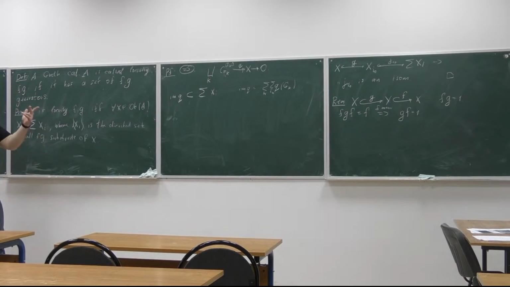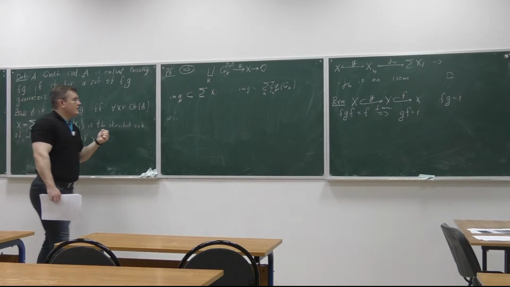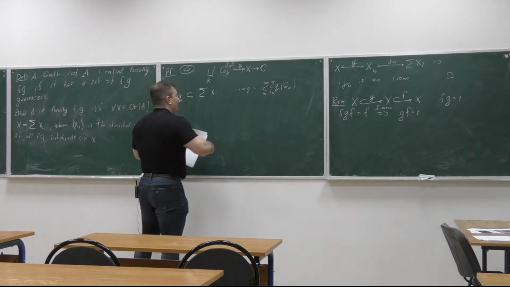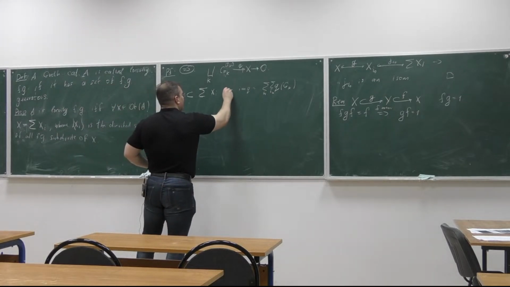But each Q of the G sub K is a finitely generated module, because that was a proposition about finitely generated modules. Quotient of finitely generated is finitely generated, and image is the quotient by the kernel. Hence, we have this.